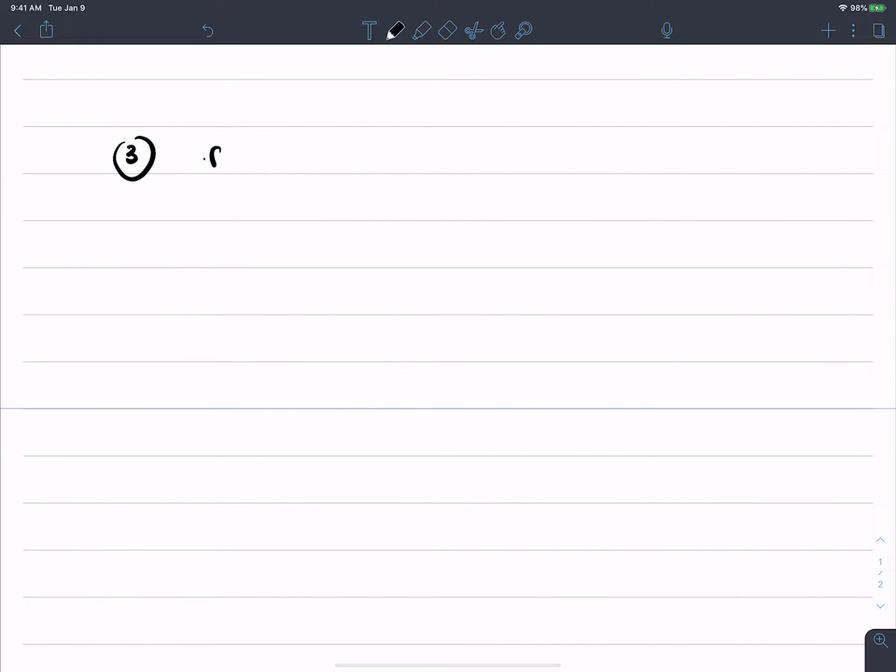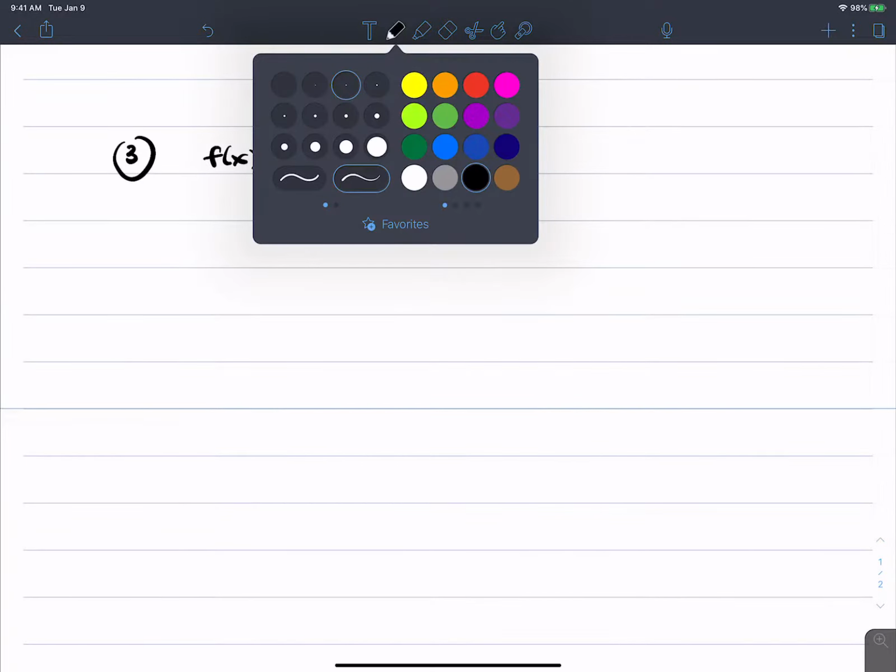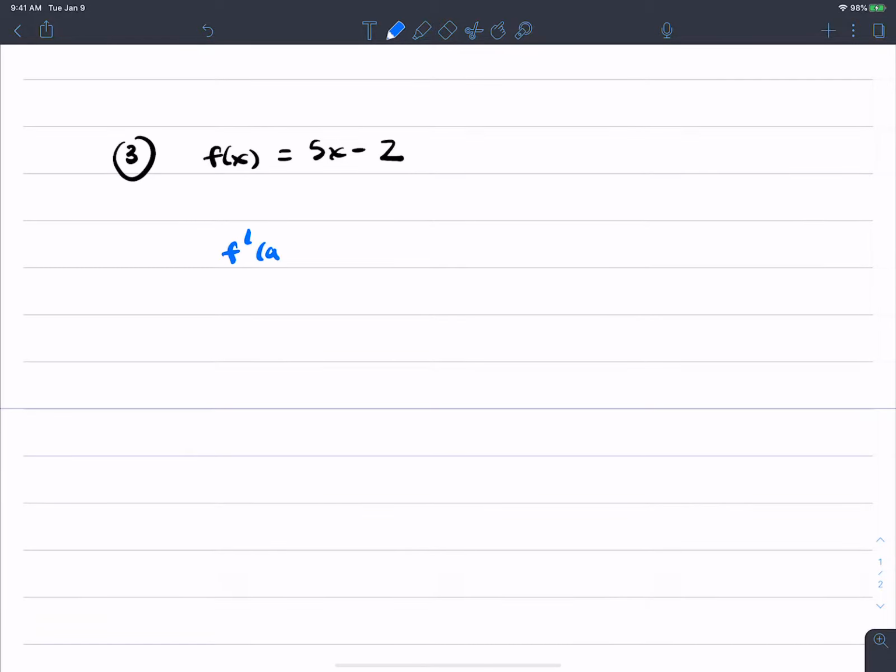And we say the function here is 5x minus 2. We're going to find the derivative at that point. So remember here, we need to determine the value of the function at various points.